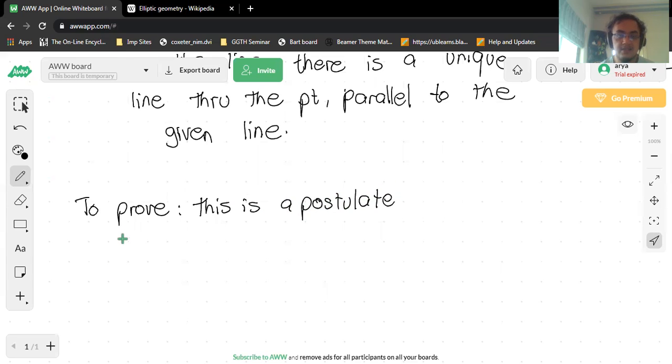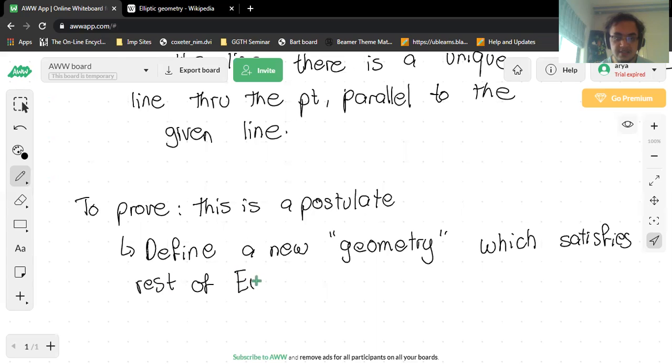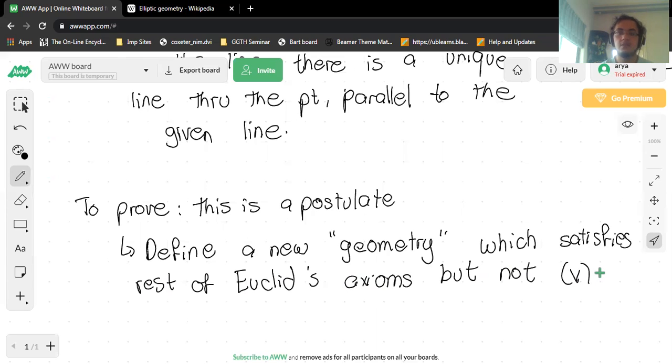you basically define a new geometry. By defining a new geometry, I mean you specify your set of points, you specify your lines, and so on, such that it satisfies the rest of Euclid's axioms, but not axiom 5, the parallel postulate.